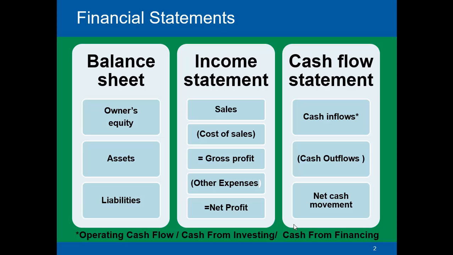Now when you do business, you require capital, and the capital is brought by the shareholders in form of equity, or a company borrows money and takes loans and they become liabilities of the company. Now the company invests that money or the capital in form of assets to generate revenues for the company or to do business for the company.